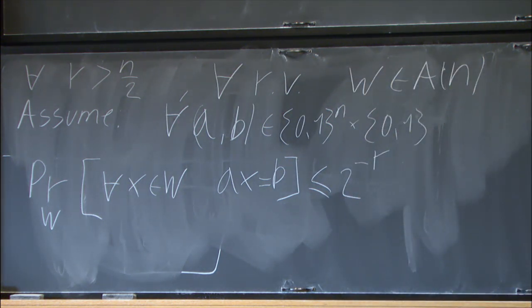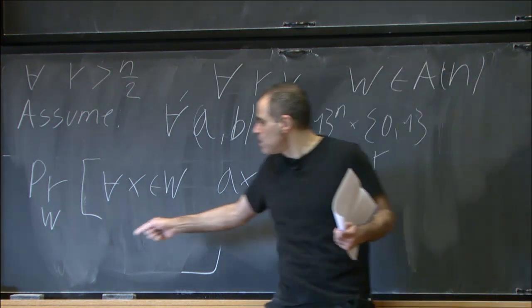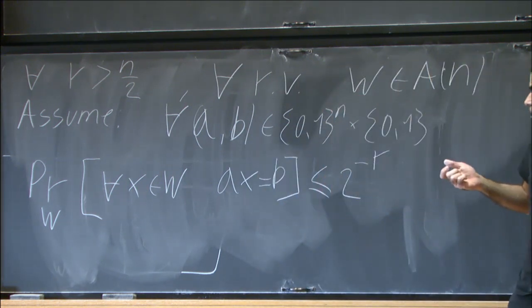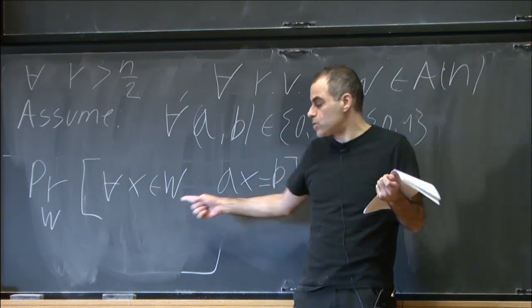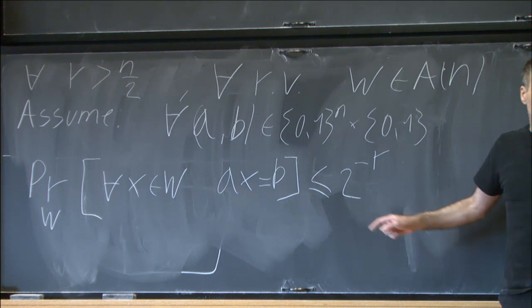Suppose that this is true, that for any ab that you take, if you take a random W according to your distribution, the probability that all the x's in W satisfy ax equals b is very small.